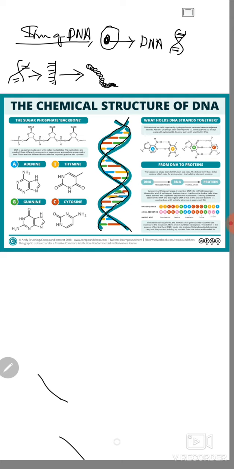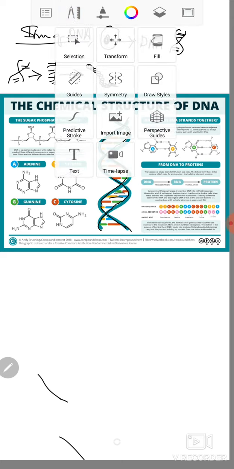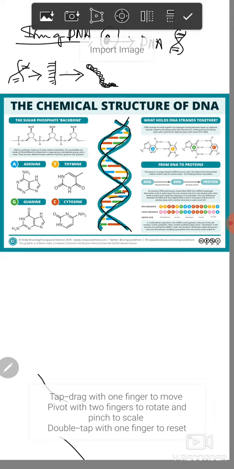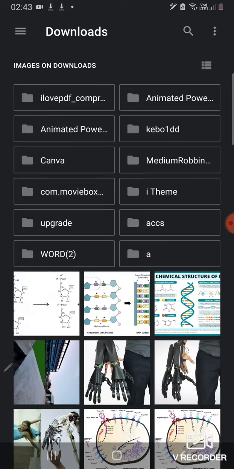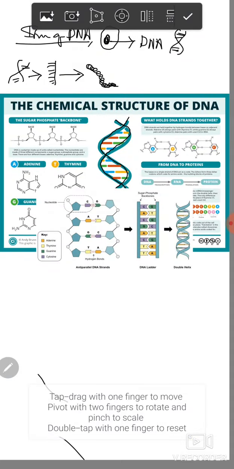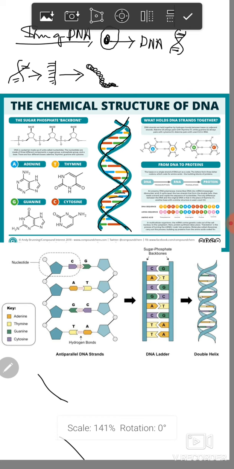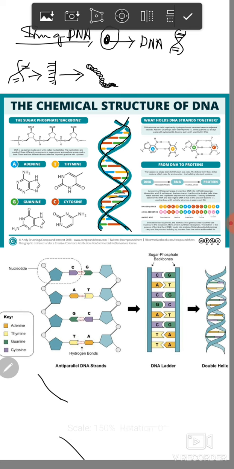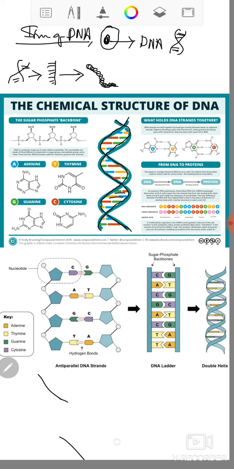Let me bring one other image, which will make it a little bit more clear. In this image you can see there are two strands, strand number one and strand number two.